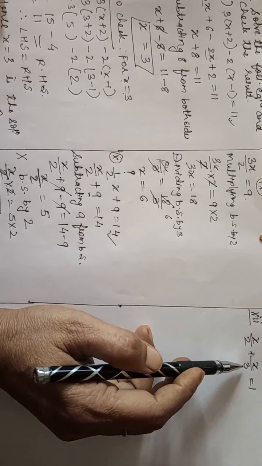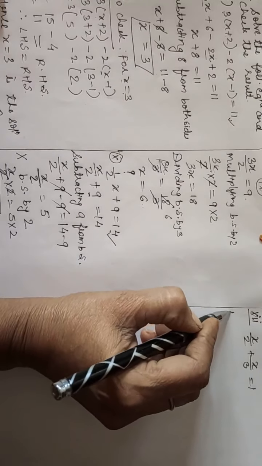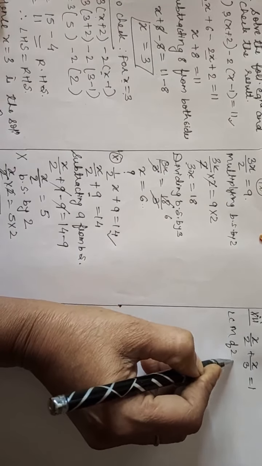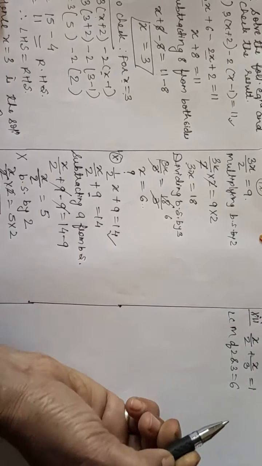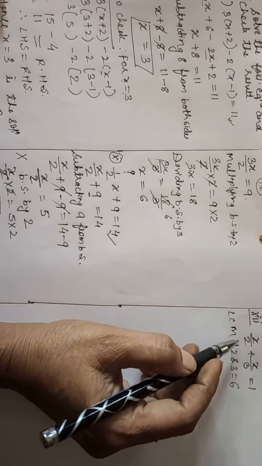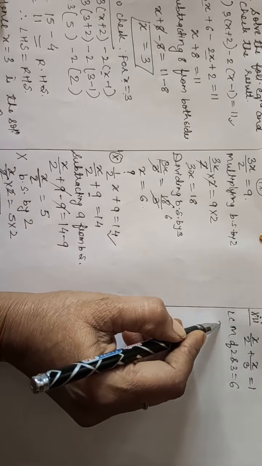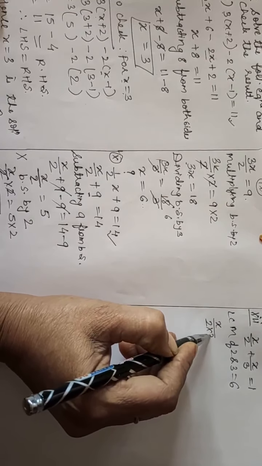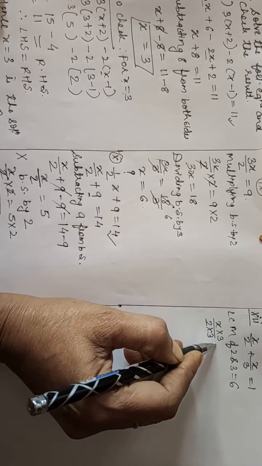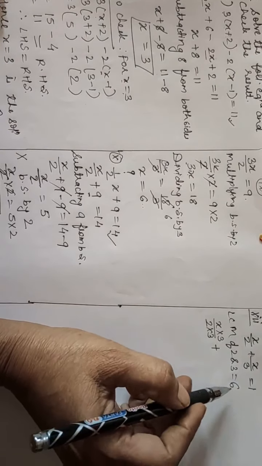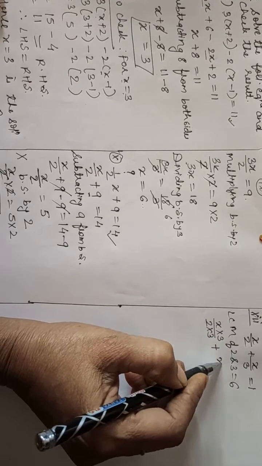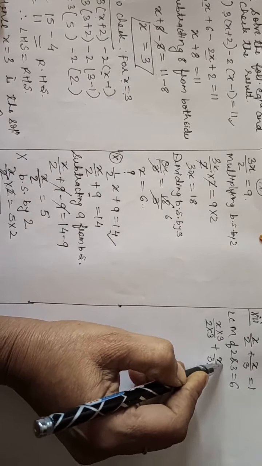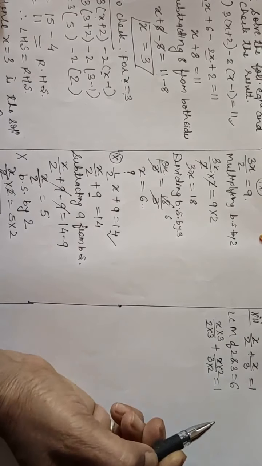LCM of 2 and 3 is 6. Here you want 6, so multiply by 3 here and here also by 3. Plus x by 3, multiplied by 2 here and here, is equal to 1.